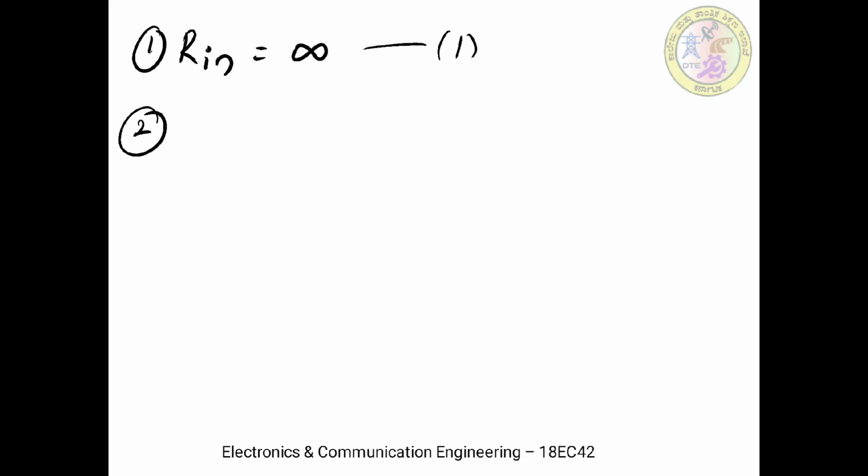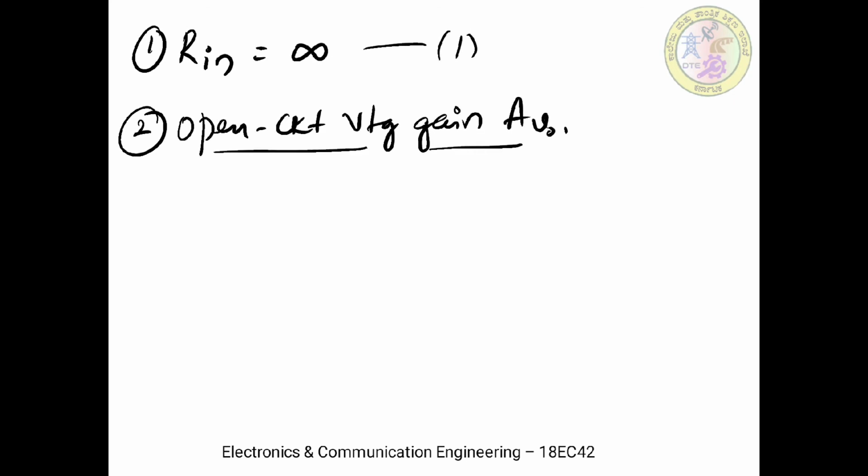Next what we are going to find is the open circuit voltage gain, AV0. AV0 is equal to V0 by Vi.